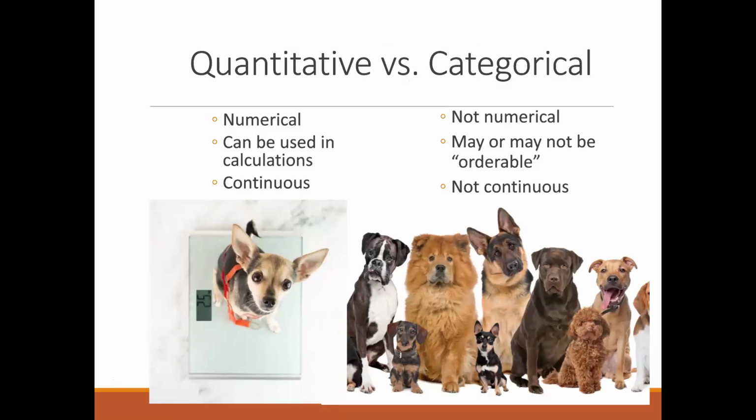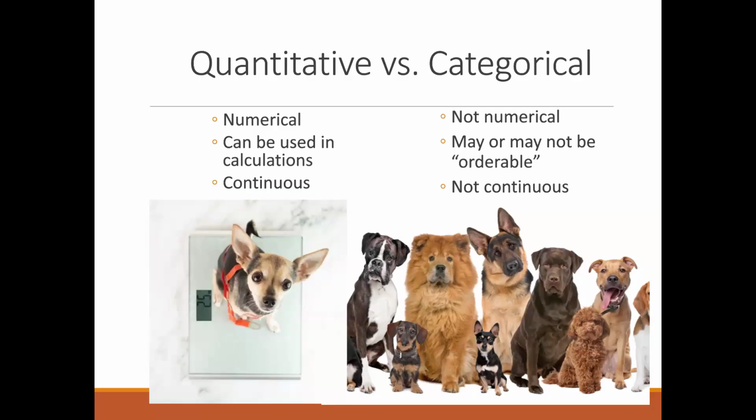So quantitative variables are going to be numerical. They're usually measurements that we're making, like the weight of this adorable chihuahua here on the scale. And because they're numbers, we can use them in calculations. We can calculate their mean. We can calculate various indexes that are made using those numbers. Another way to describe them is continuous. So when we're looking at the weight of this chihuahua, for example, it could be 25. It could be 25.2.